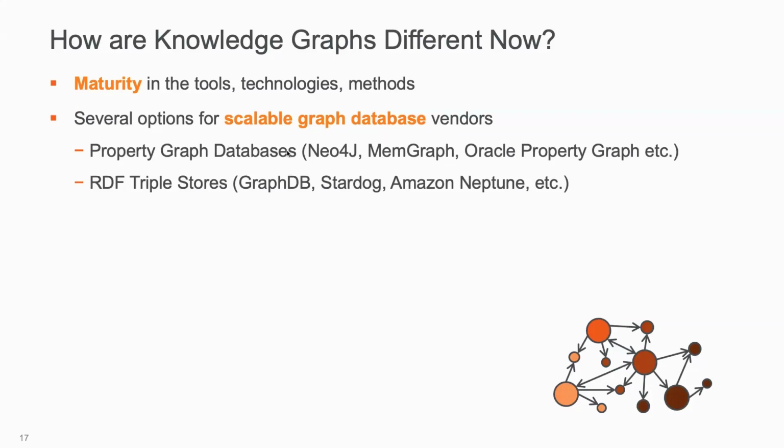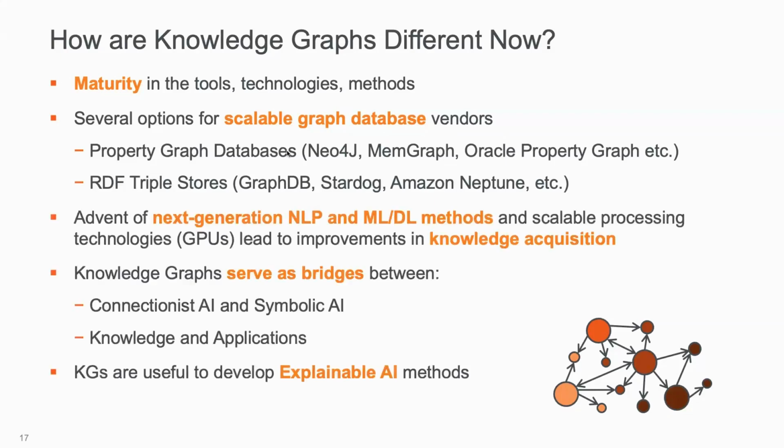However, for the purpose of this talk, I'm going to focus on knowledge graphs that are created using semantic web technologies and linked data standards like RDF. And for that also, there are a lot of scalable graph database vendors available, such as GraphDB, Stardog, Amazon Neptune, Blazegraph, etc.